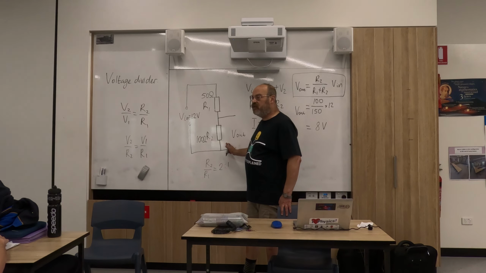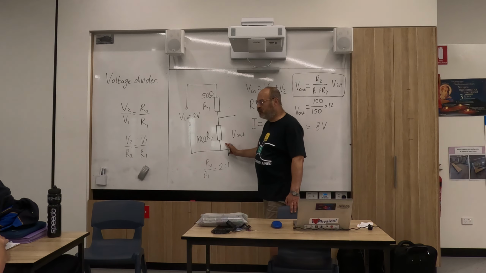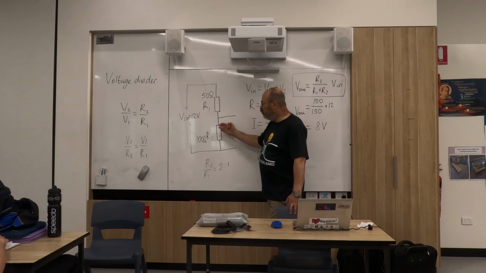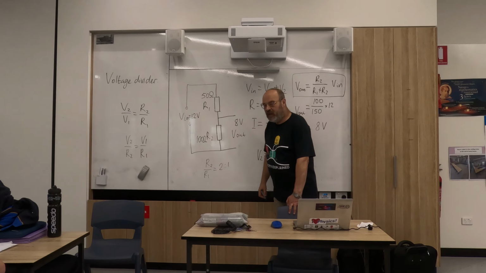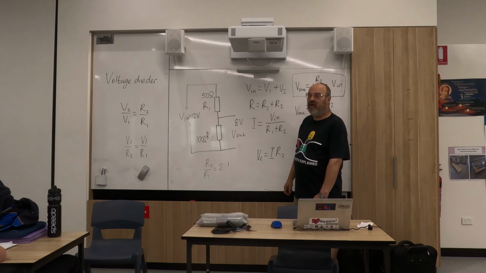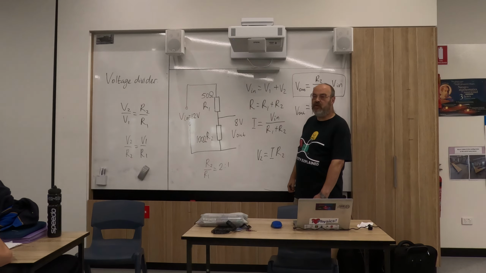And how many parts does this take? 2 or 1? 2. So just looking at the ratio of the resistors, we can say immediately that this will be 8 volts. So, to solve voltage dividers, you can use the voltage divider formula or look at the ratio.